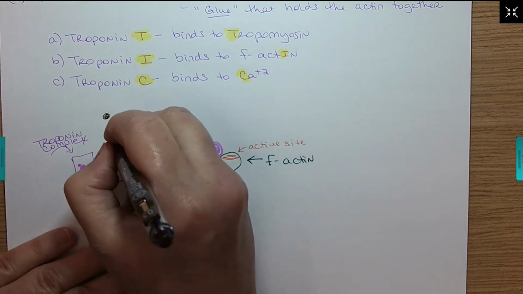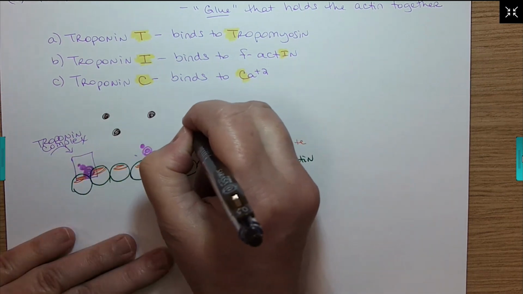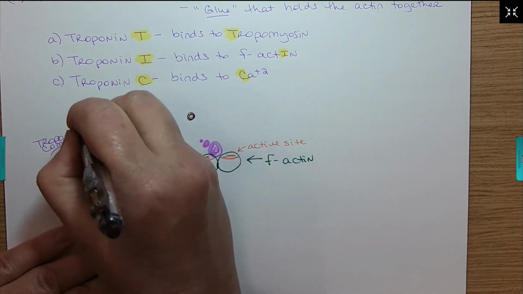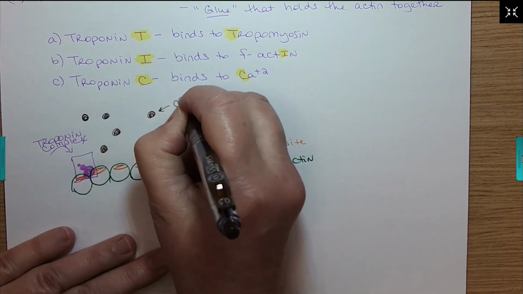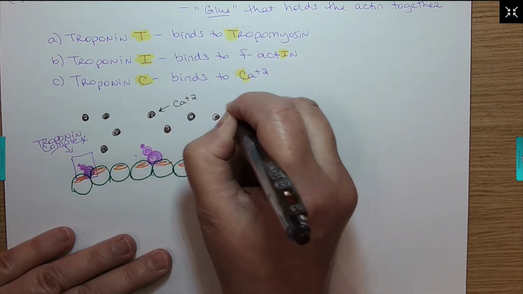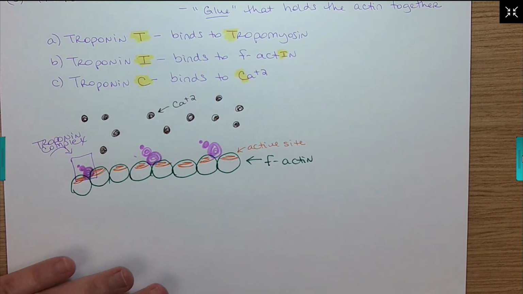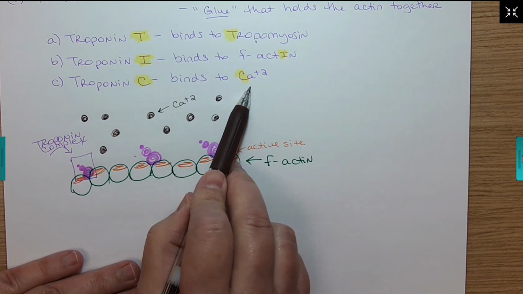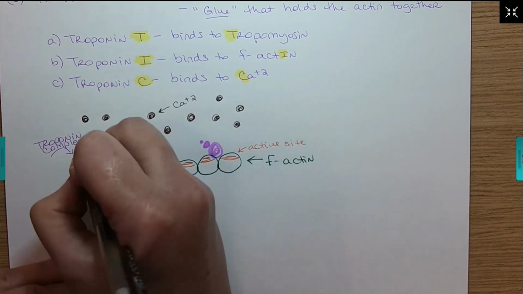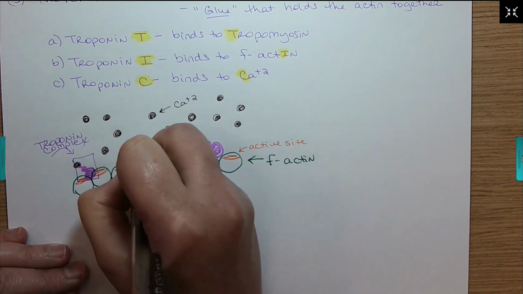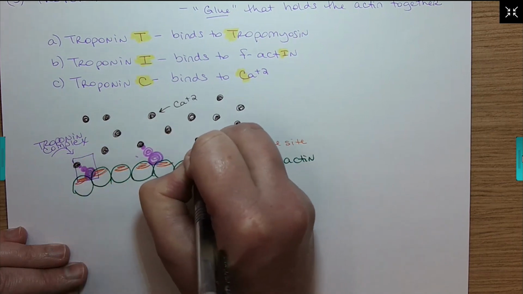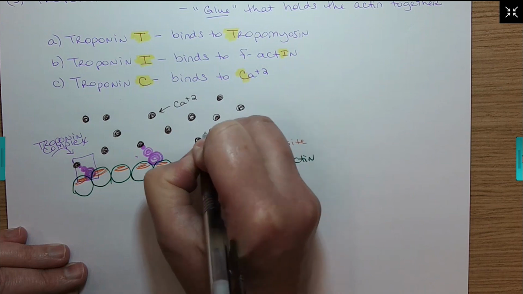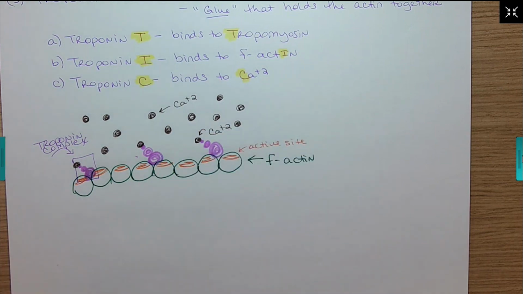So we're going to add some calcium into our picture here. And remember, part of that troponin molecule binds to calcium. So if calcium is present, it's going to stick to our troponin complex. So it's a little snowman with a hat, I guess, if you want to think about it that way.